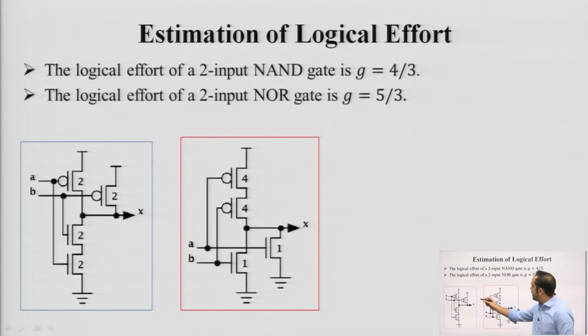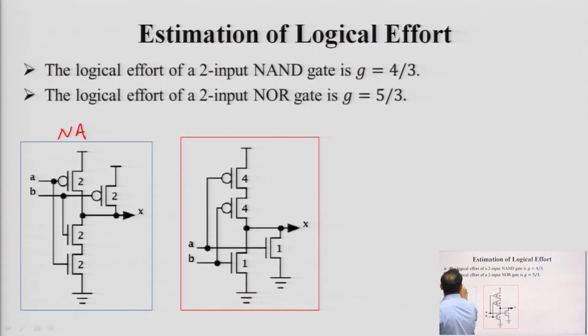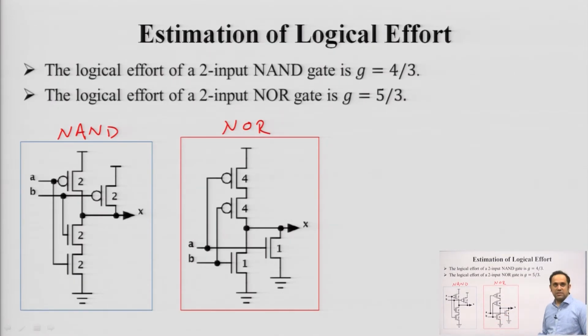You can see a parallel arrangement of PMOS transistors and a series arrangement of NMOS transistors for NAND operation, and a series arrangement of PMOS transistors and a parallel arrangement of NMOS transistors for NOR operation.